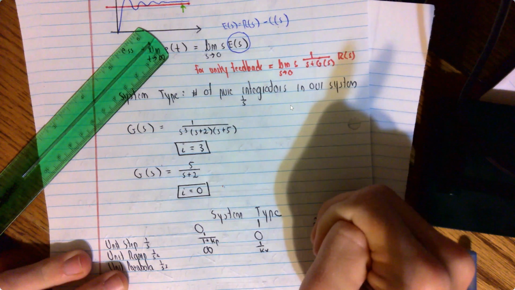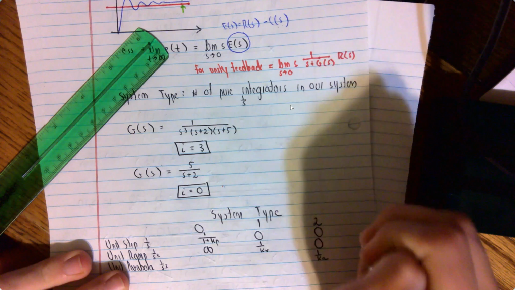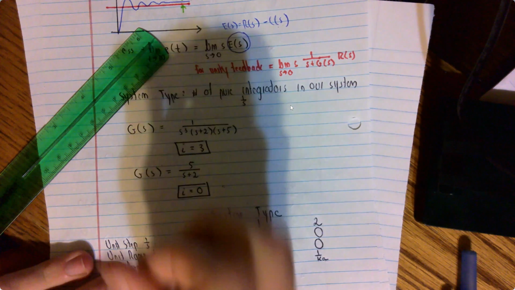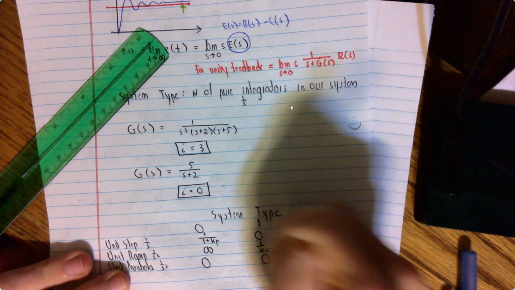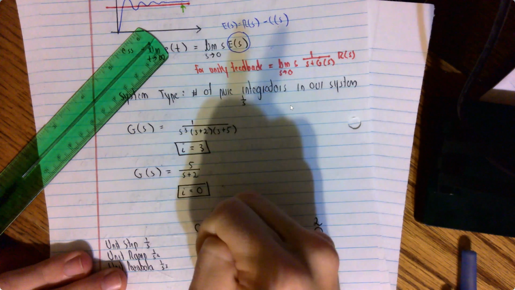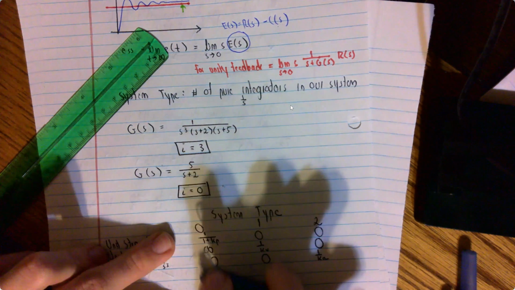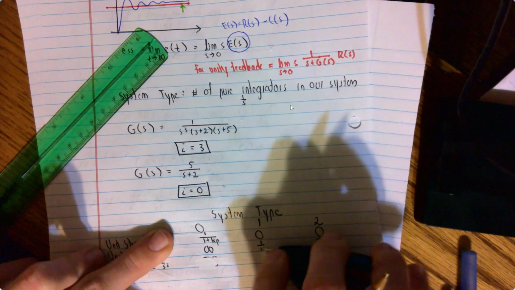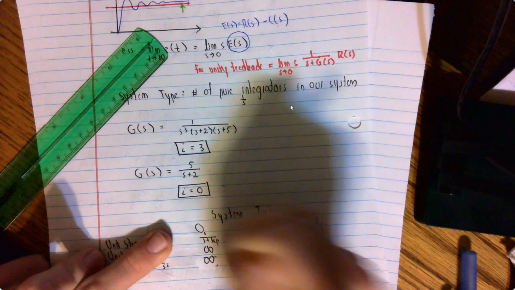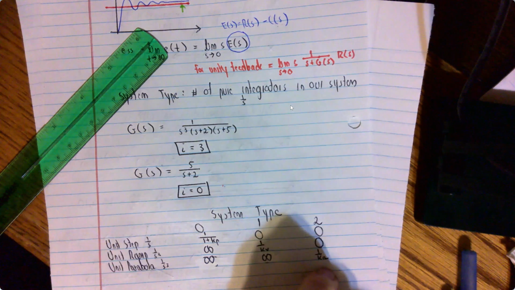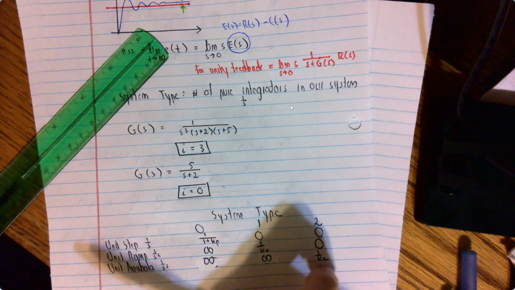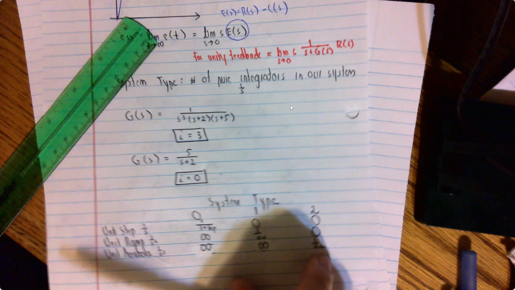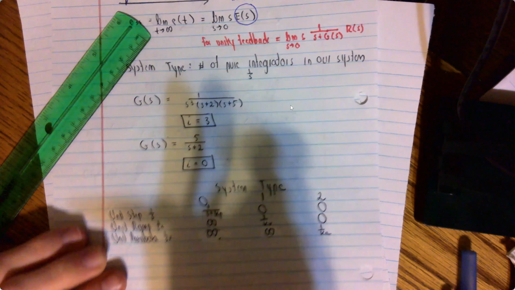But when you have 2 pure integrators, it's going to be 0. But then here for unit parabola, sorry, let me reset. This one's going to be infinity. You have infinite steady state error until you get 2 pure integrators. Then you can actually determine how much steady state error you have. So you're probably wondering what Kp, Kv, and Ka are.